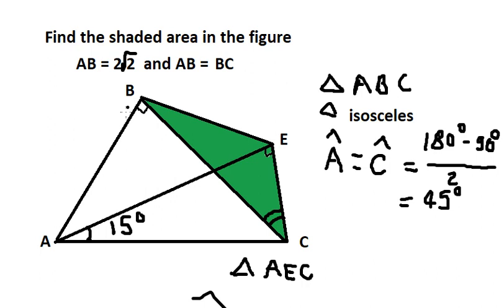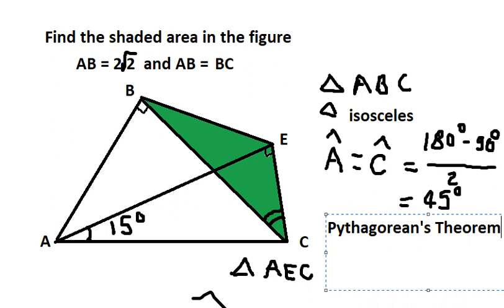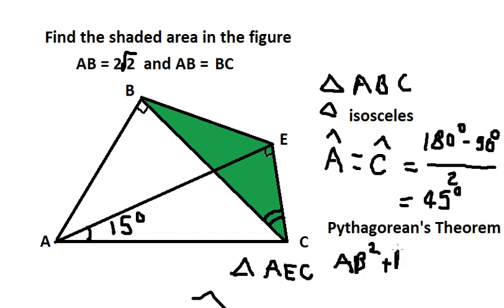So we know that AB equals BC, so in this one, we can use the Pythagorean theorem. That is AB square plus BC square equals AC square.